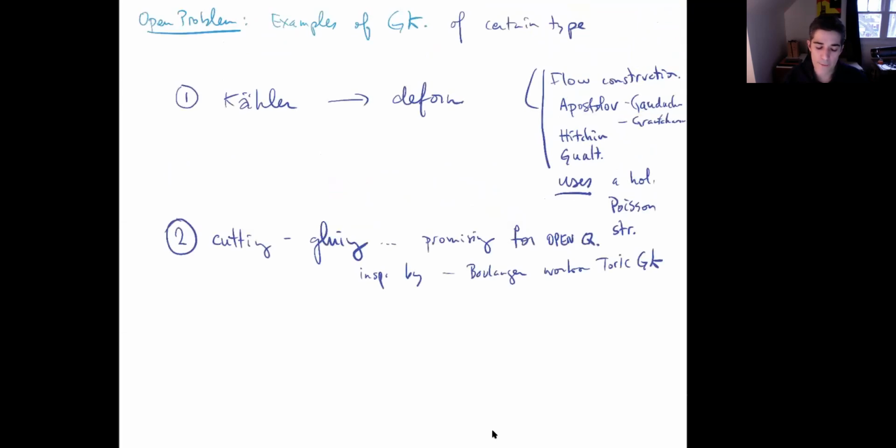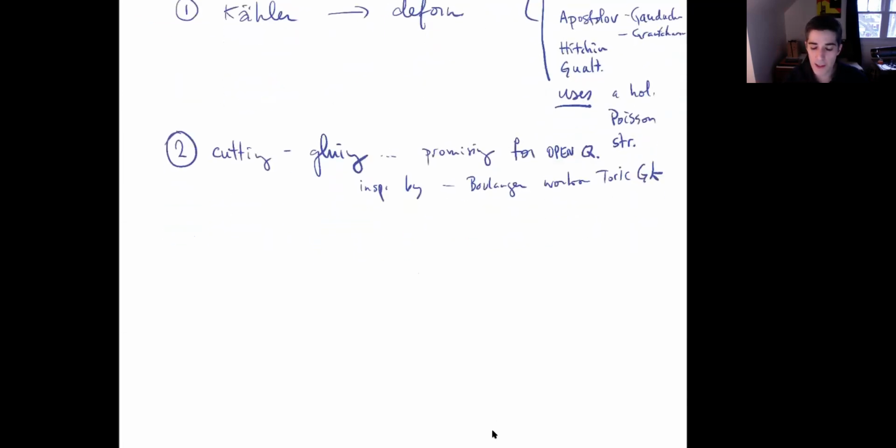They are kind of examples of type number one, because they do admit Kähler structures, but they're constructed in a different way. They're really constructed via a combinatorial procedure, and so I would classify them as being slightly different. But this one is kind of, I don't really know where it's going to go.